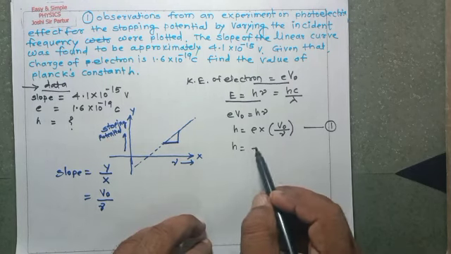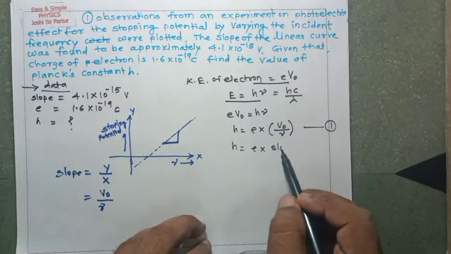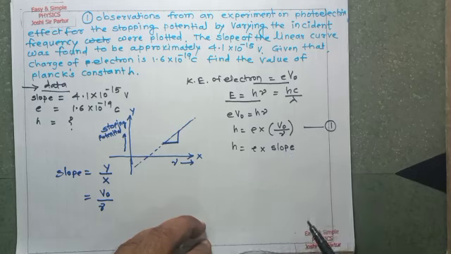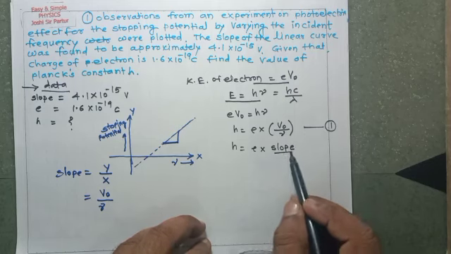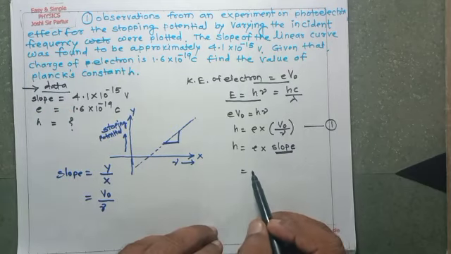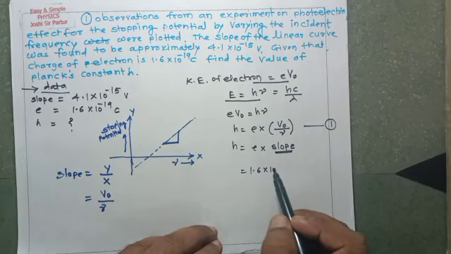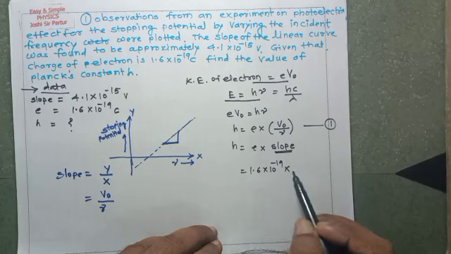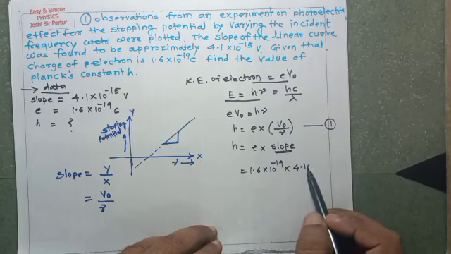So we rewrite equation number 1 as h is equal to e multiplied by slope. We know the value of slope and the value of charge.